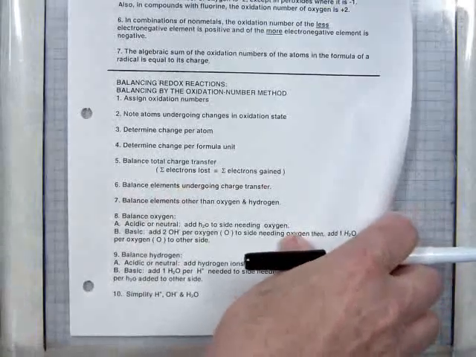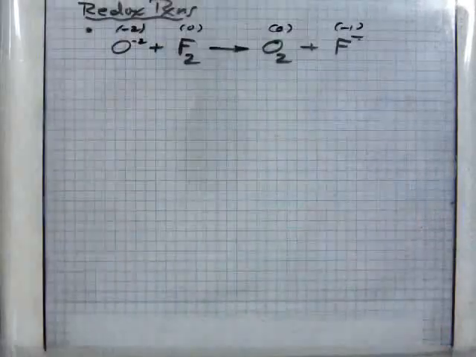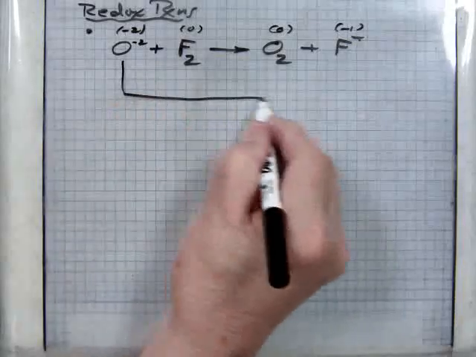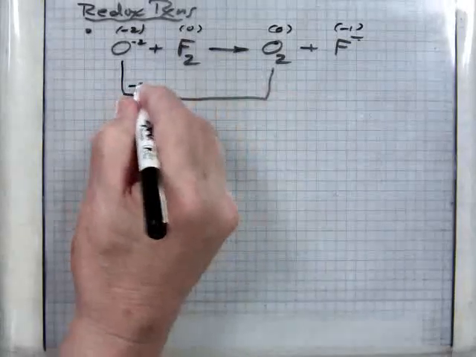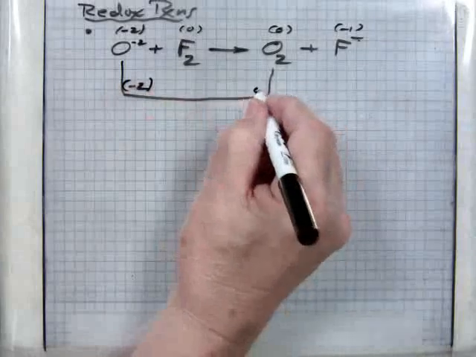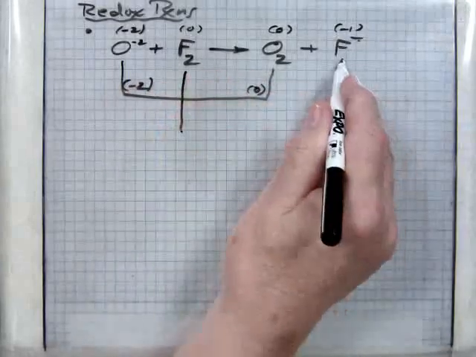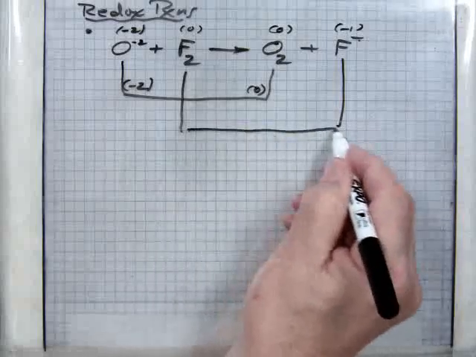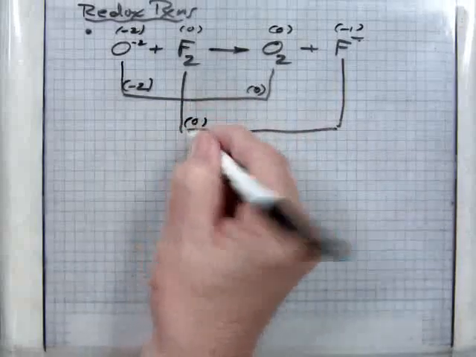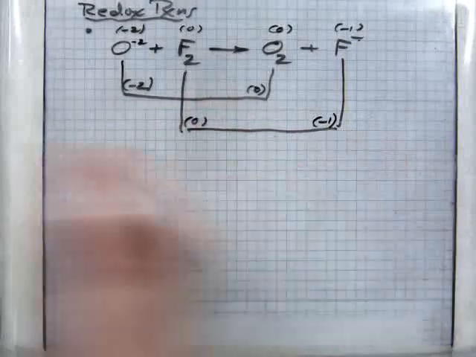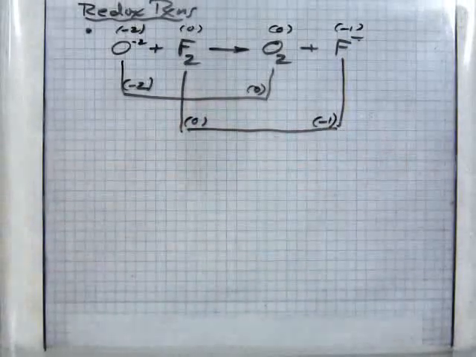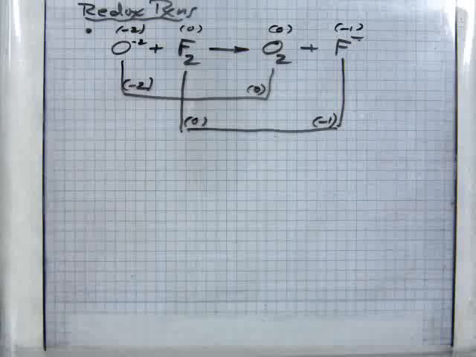Okay, so oxygen is going from a -2 oxidation state to a 0 oxidation state, while fluorine going to fluoride, 0 to a -1. Okay, so we've assigned oxidation numbers, and then we identified per element.